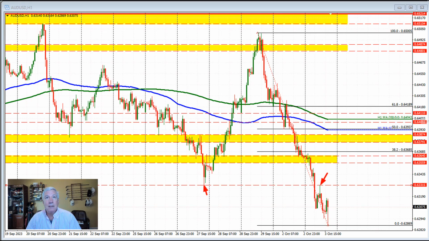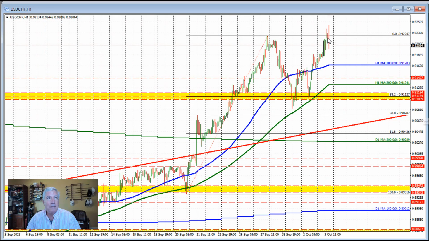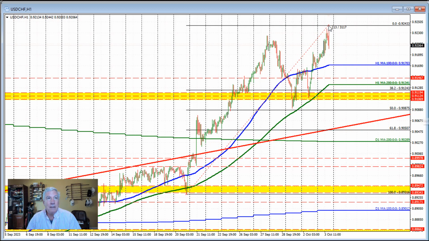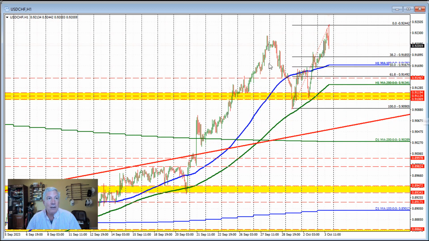Finally, let's take a look at the dollar versus Swiss franc. This currency pair moved higher after the CPI data in Switzerland came out today, weaker than expectations.